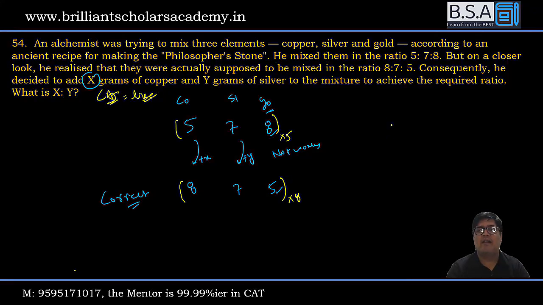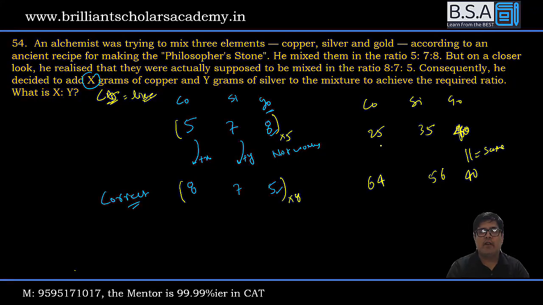Now what you have is copper, silver, gold as 25, 35, 40. 40 is gold. Multiply it: 56, 64, 64, 56 and 40. Now gold has become the same.